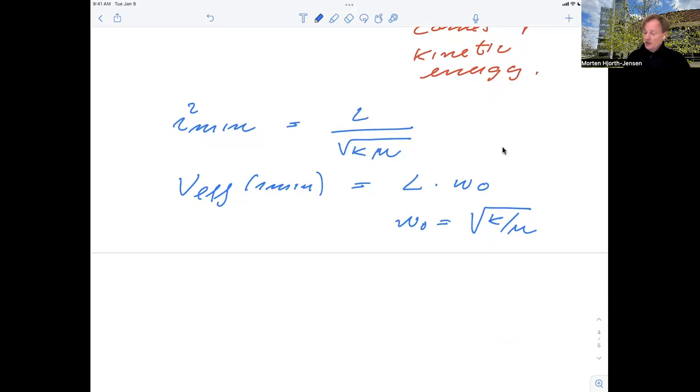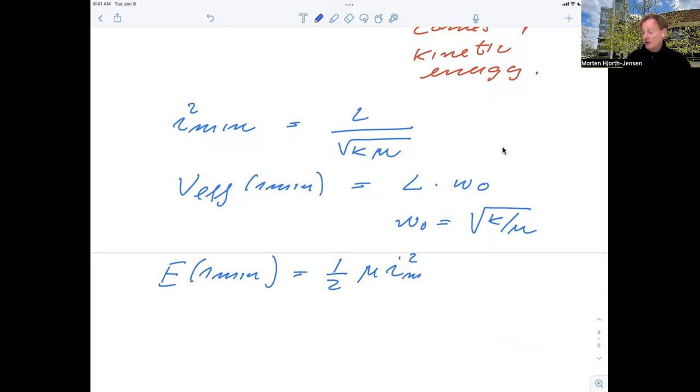So it means now that the total energy at this r min is given by the kinetic energy, which we haven't defined yet. We don't know the value of r dot squared, but this has to be calculated at the minimum value.